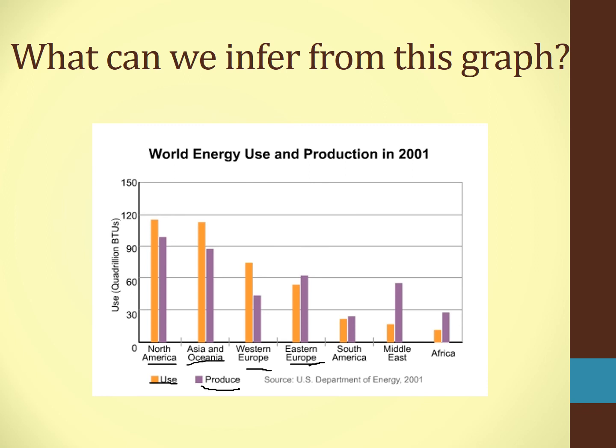They're producing more than they're using. South America, it's about even, maybe producing a little bit more. Look at the Middle East. They are producing a lot more oil and natural gas than they're using. And Africa the same way.